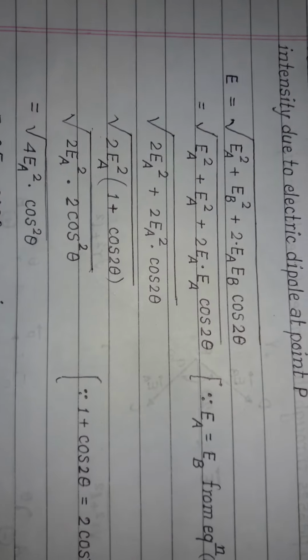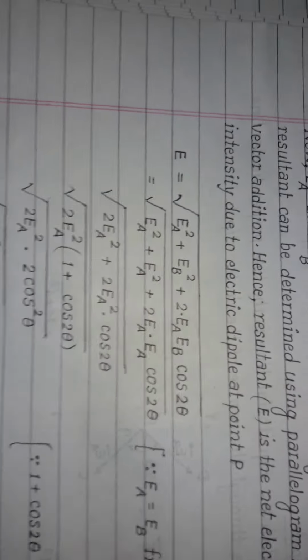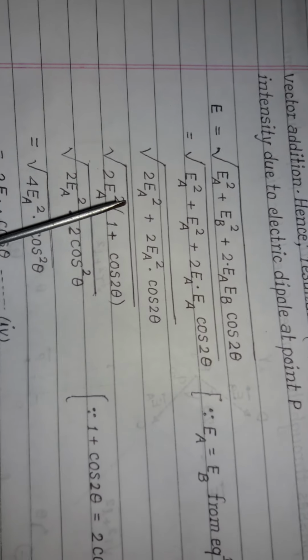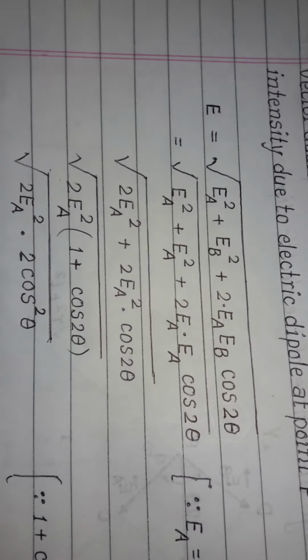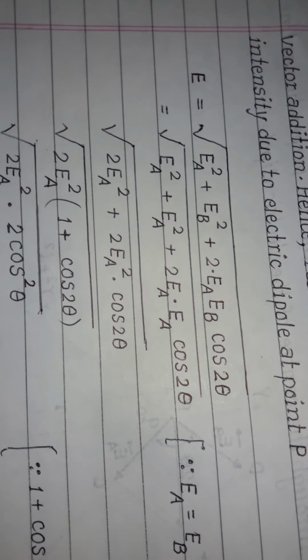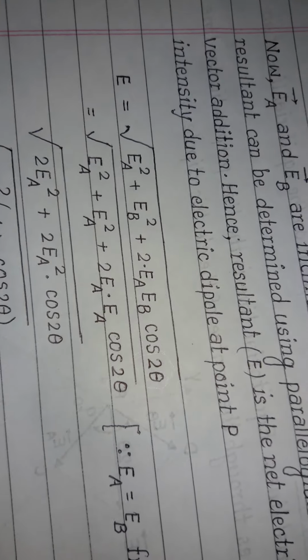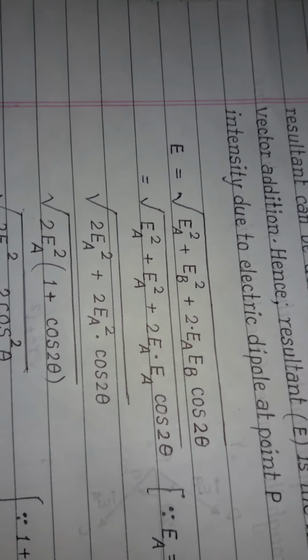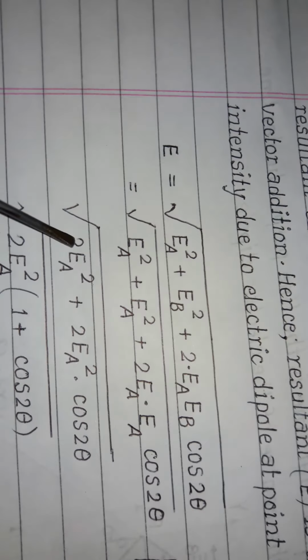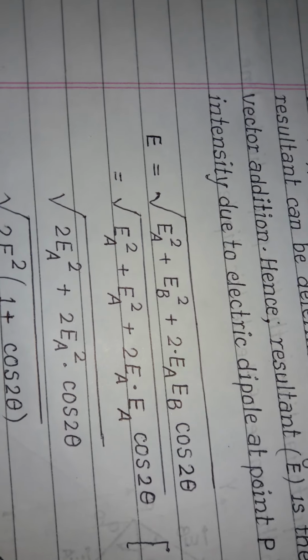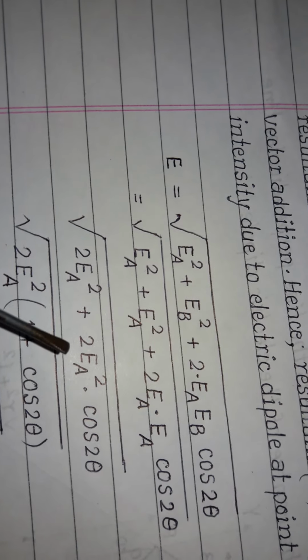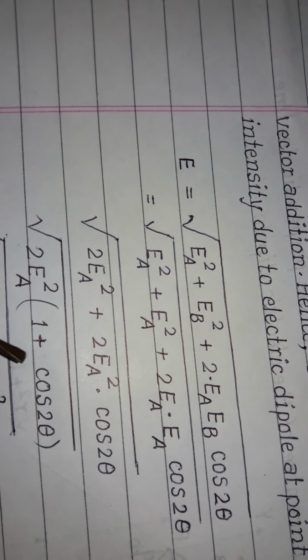Clear? In the next step, 2 E_A square can be taken common. What will be left? 1 plus cos 2 theta only.